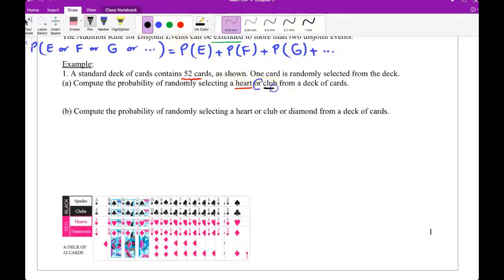So we should find probability of heart or club. In between we have or, exactly the same as the previous part. That is equal to probability of having a heart plus probability of having a club.